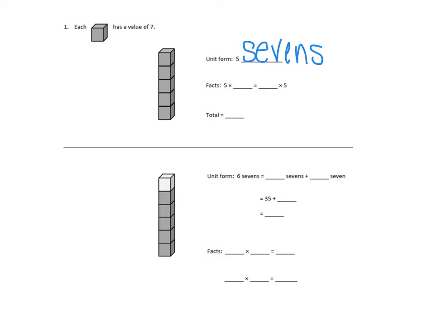For our facts, we can write 5 times 7 is equal to the same as 7 times 5. 5 times 7, if I count by sevens, I have 7 plus 7 more is 14, plus 7 more is 21, 7 more is 28, and 7 more is 35. So my total is 35.